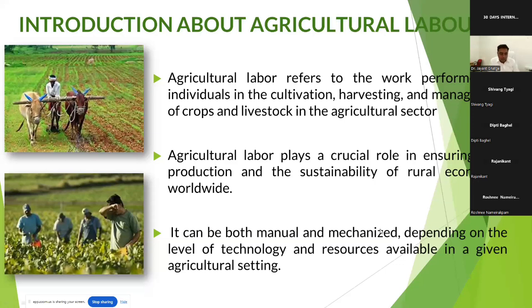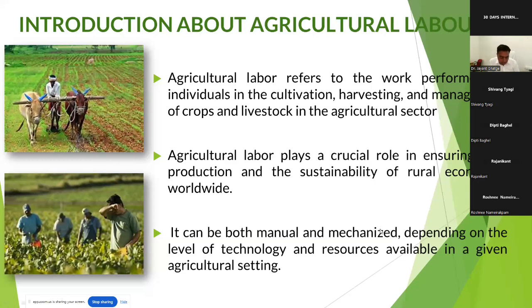If we talk about Indian agriculture, we know that the labor problem is the main challenge in front of all the stakeholders: scientists, farmers, extension officers. They need a basic solution for this particular problem.